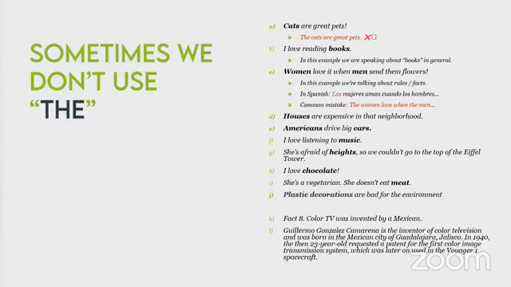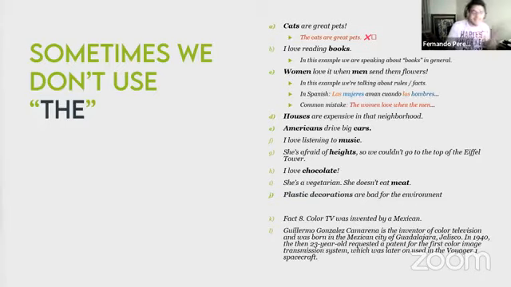Teacher, when do you use the article the? Yes, Laurita, excellent question. The opposite: when we speak about specific things, you use the article. These sentences are not specific, this is in general.